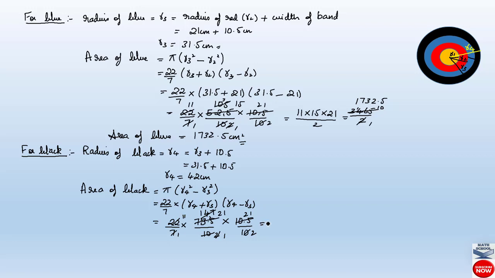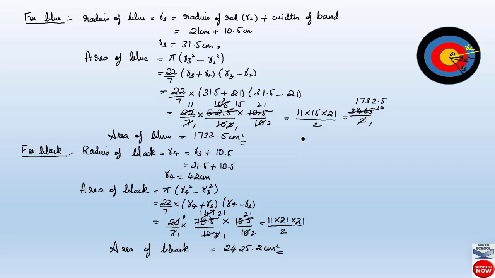So this will be how much? 11 into 21 into 21 divided by, so when you multiply and divide, you will get the result as 240.25 centimeter square. So this is the area of the black region.